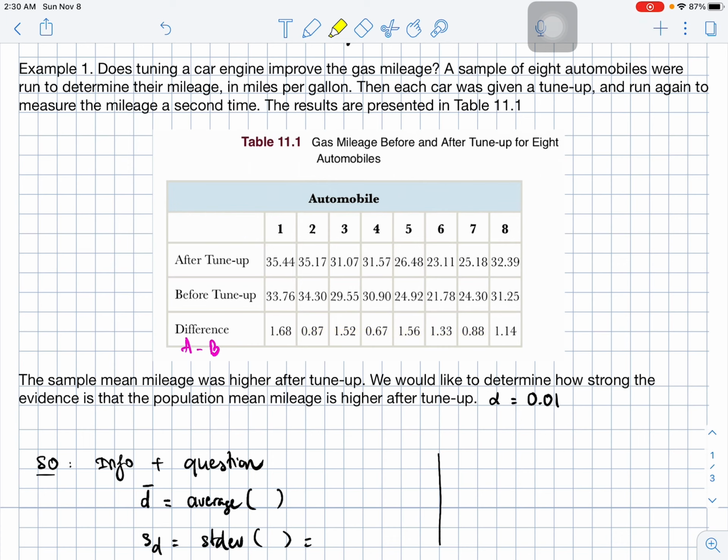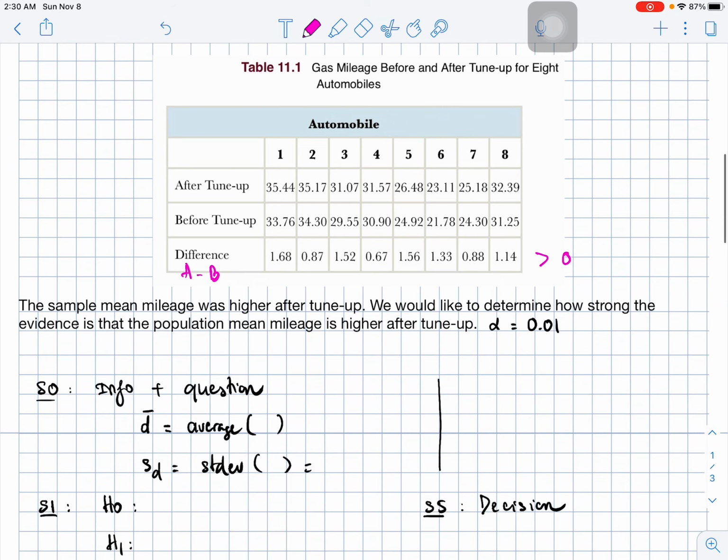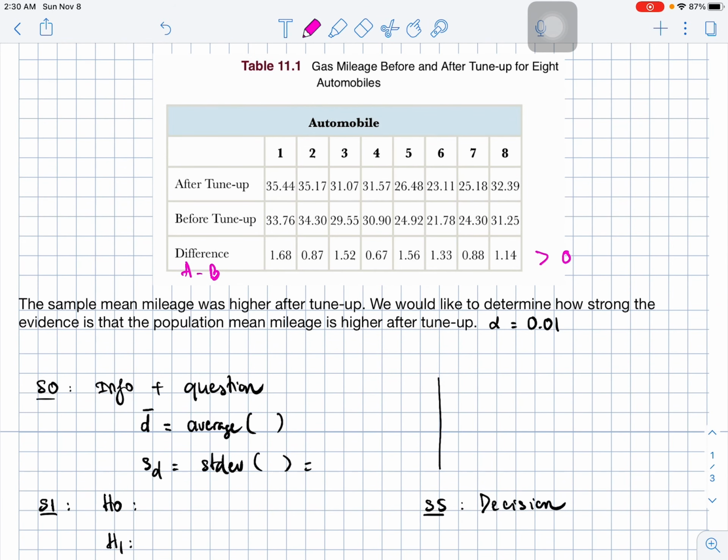It's because they do after tune-up minus before tune-up. And a positive number shows that after tune-up is higher. That is for the sample, and we want to know if the population mean mileage is also higher.